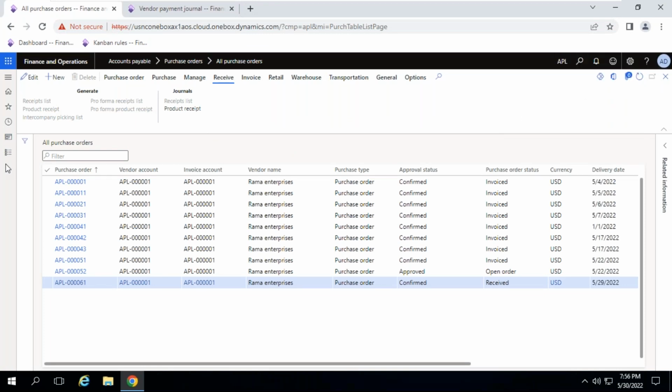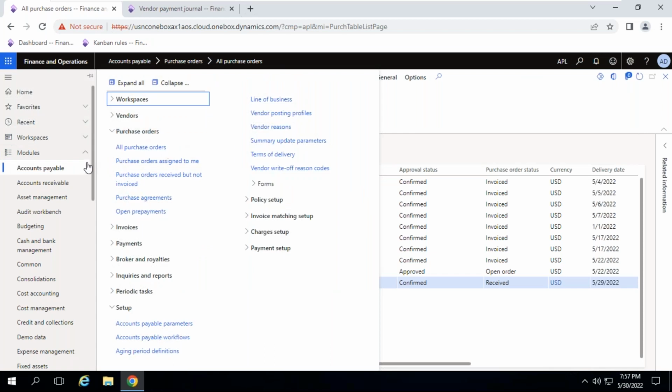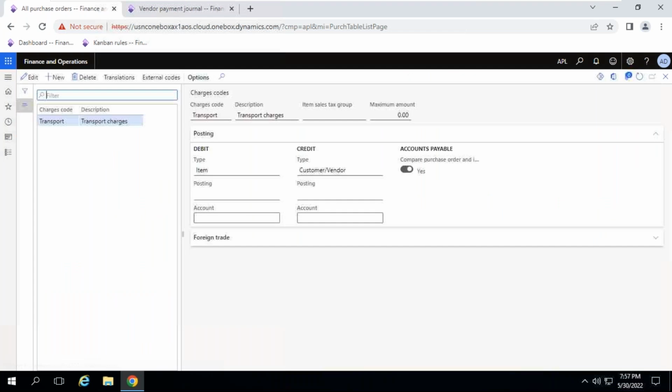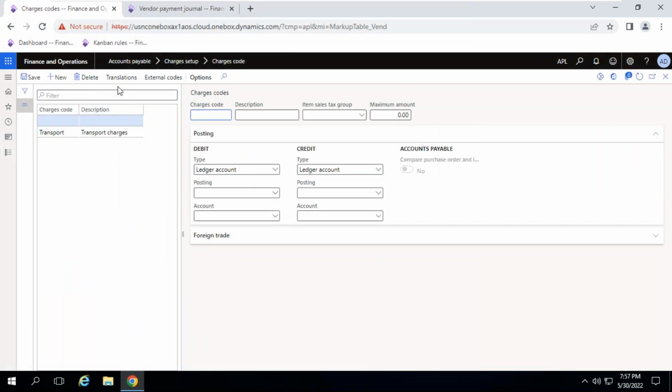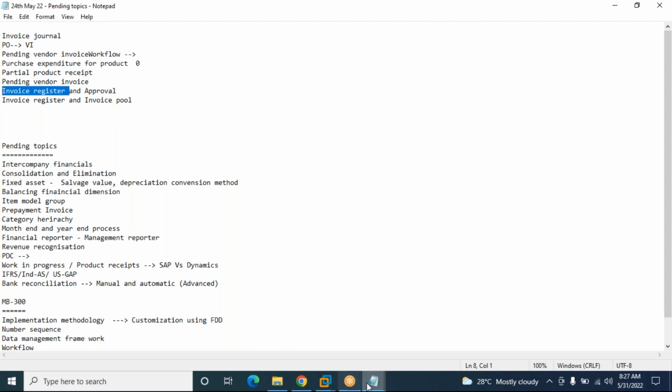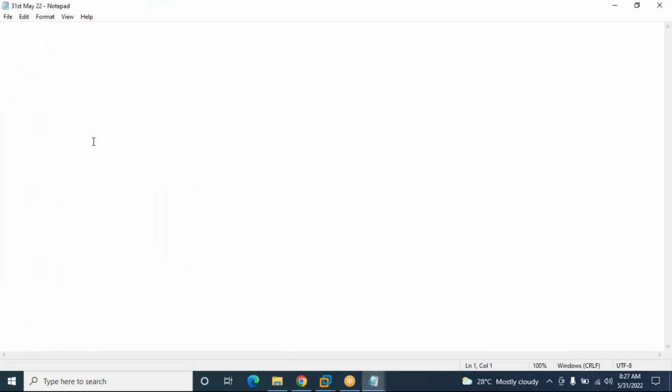Okay. So let me go to the accounts payable setup, charges. Before going to charges, if a vendor invoice is posted, what is going to be debited? Vendor invoice posting.